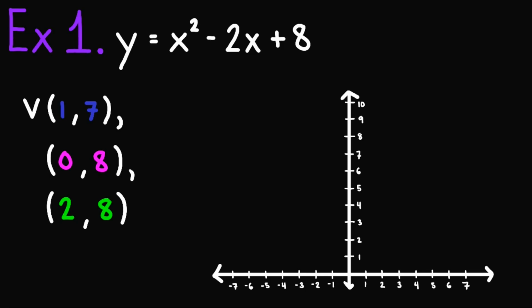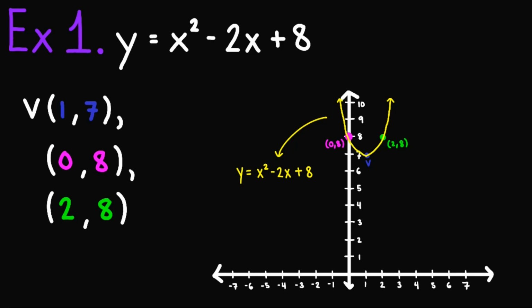So we'll have first the vertex at (1, 7), the second point, which is (0, 8), out here, and the point (2, 8). After this, we just connect these 3 points in such a way that it would look something like a parabola. So just like this. And so this out here is the graph of the given equation.